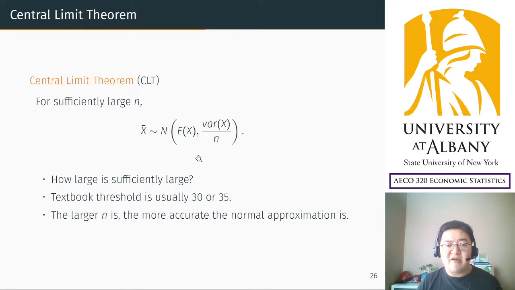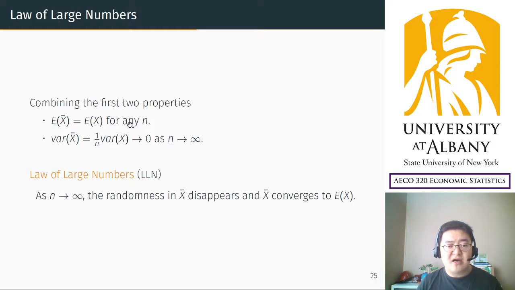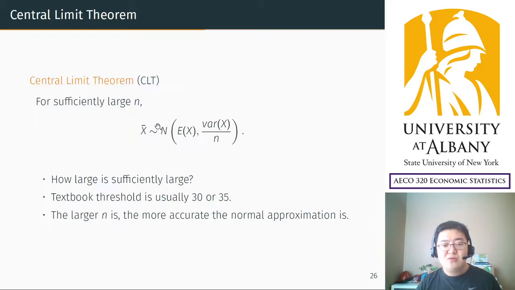The mean and the variance are from these two results, right? The expectation of the average equals the original expectation, the original mean, and the variance of the average equals the original variance divided by n. Using these two outcomes, we have the normal distribution parameters. So not only do we know it is a normal distribution, but we also know its parameters.